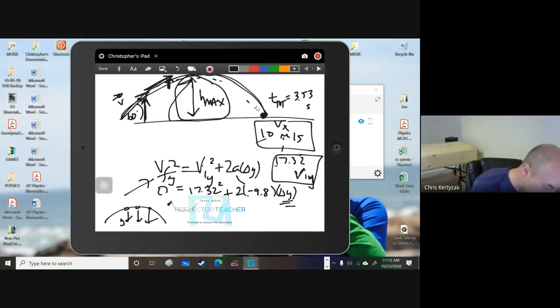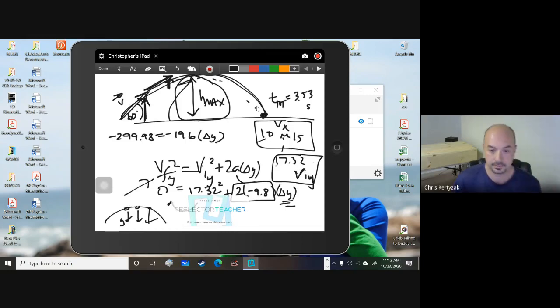I end up with negative 299.98 equals negative 19.6, because this piece is negative 19.6 times delta y. And now I just got to divide that out. Notice that the negatives will cancel because it'll be a negative divided by a negative. And I get 15.3.